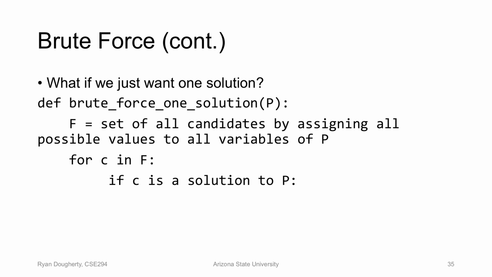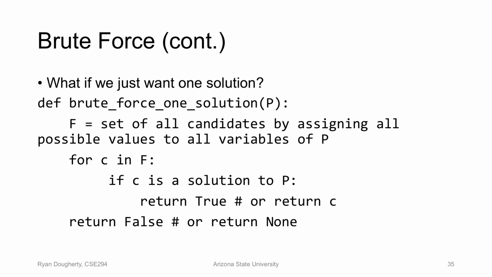If C is a solution, then we can just return C, right? Because I don't care which solution I get, I just return one of them. So then I can just return true or return C or something like that. And return false if we've iterated through the entire thing and we never found a solution, right? Because if we never found a solution, then we can't return a solution, obviously.